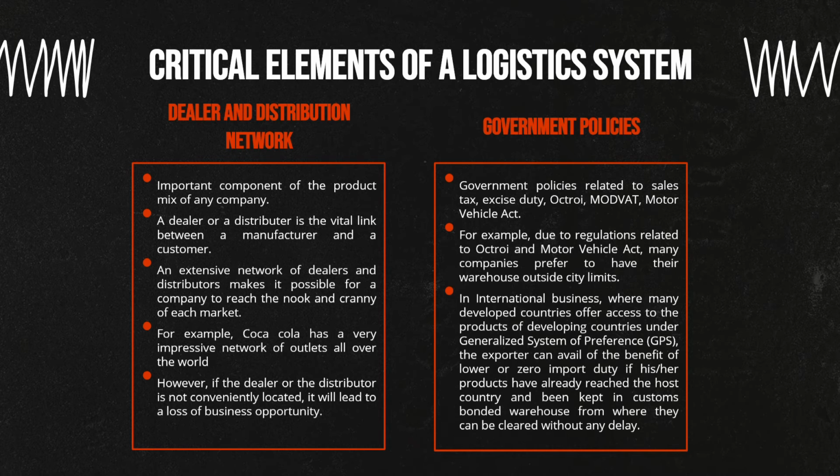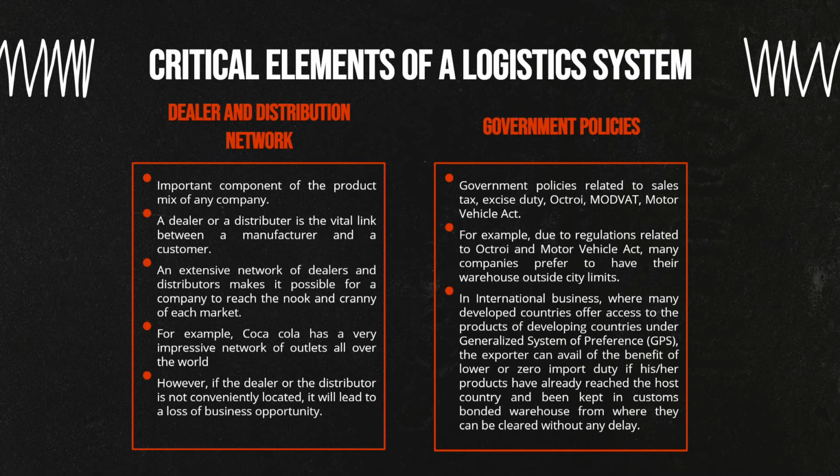However, if the dealer or distributor is not conveniently located, it will lead to a loss of business opportunity. Therefore, the dealer and distributor need strategic location to bring more business, and the distributor needs to keep adequate stocks of the product in order to have an effective logistics system.